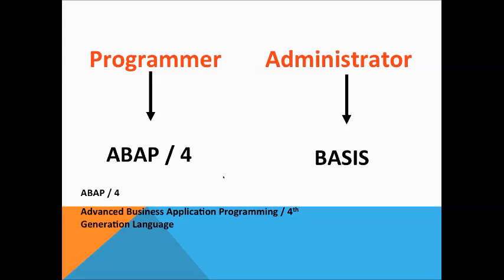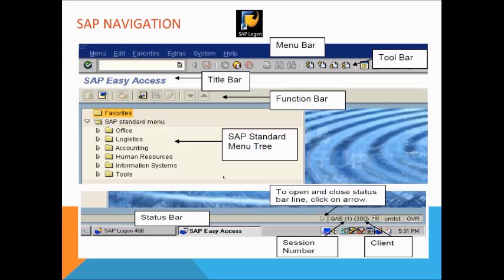The security guys take care of it, and from the system perspective the Basis administrator takes care of it. Whenever any need arises in the form of customization, the developer plays a role. Programmers are developers, and developers use ABAP/4, Advanced Business Application Programming, 4th generation language, and administrators are Basis guys.